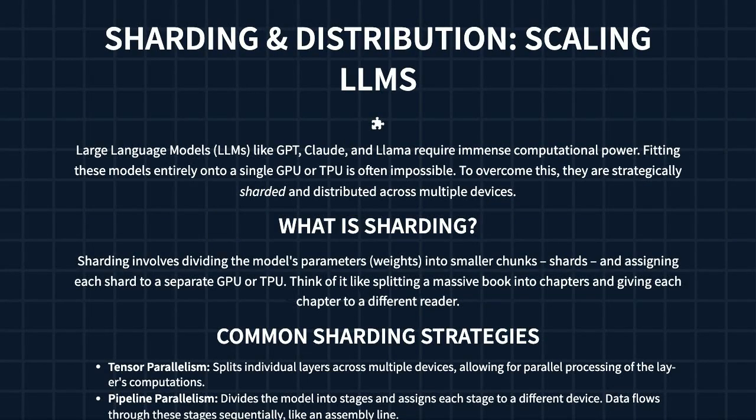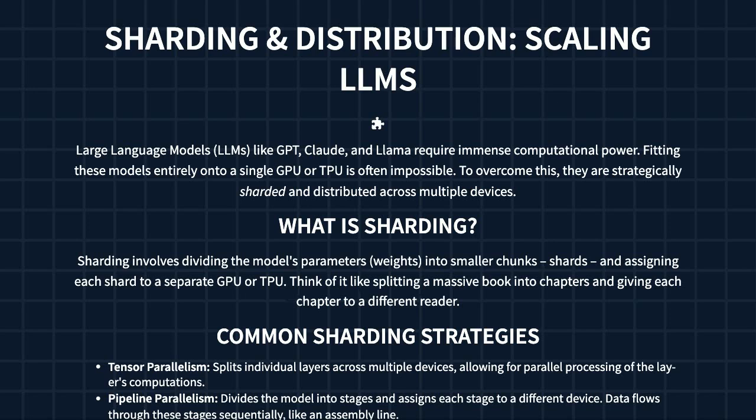Okay, let's talk about how these giant AI models actually fit into our computers. Because they're so huge, we can't just cram them onto a single GPU or TPU. Instead, they're broken up, sharded. It's like taking a really long book and giving each chapter to a different person to read simultaneously.